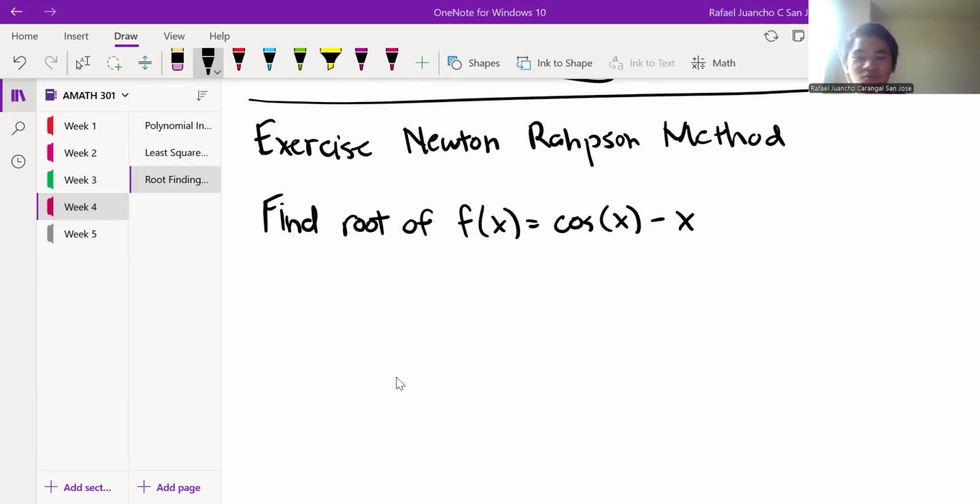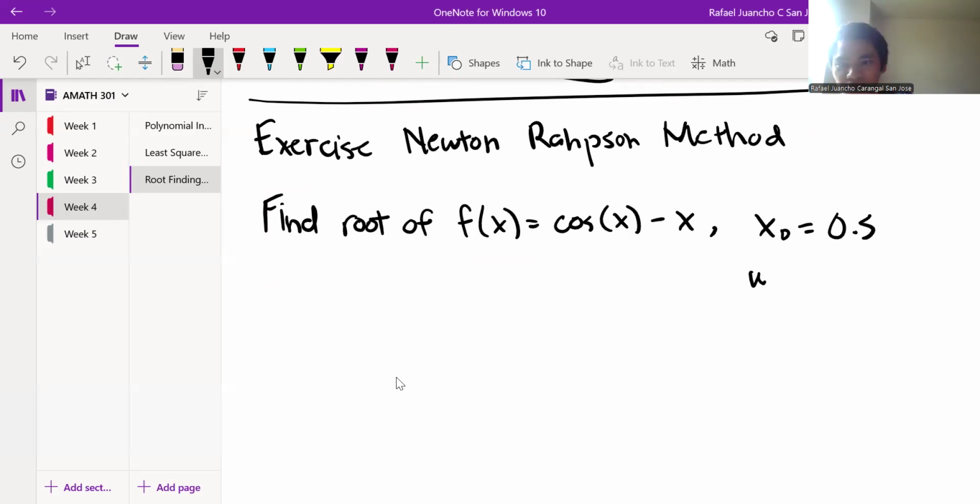Here we make our initial guess, let's say x naught. X naught is going to be, I don't know, 0.5. Could be something else. Could be 5, could be 100, could be a million, could be 0. Doesn't matter.